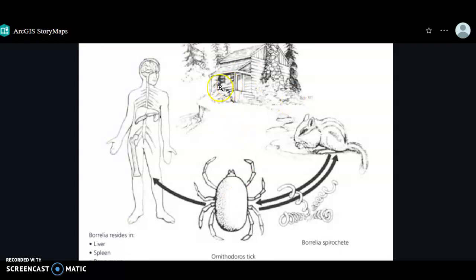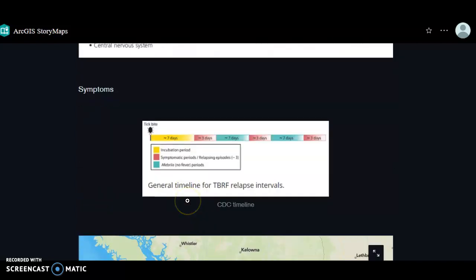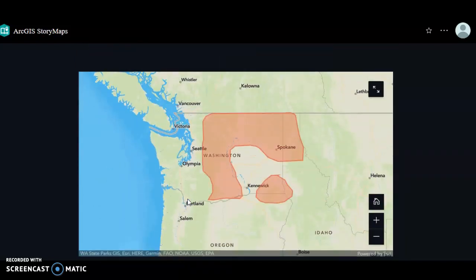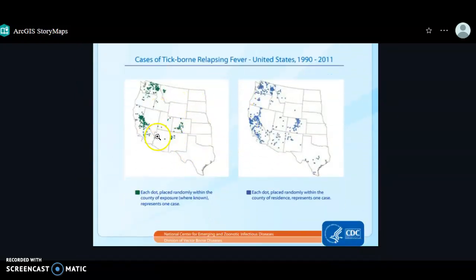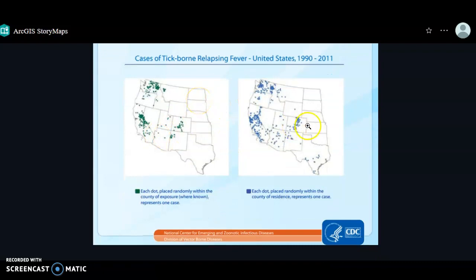You can see there's a cabin here. The tick is predominantly found in areas of high elevation, 1,500 to 8,000 feet, in coniferous forests. So if we scroll down to a map I have here of where cases of tick-borne relapsing fever are, you can see these states with the dots is where there's been cases.